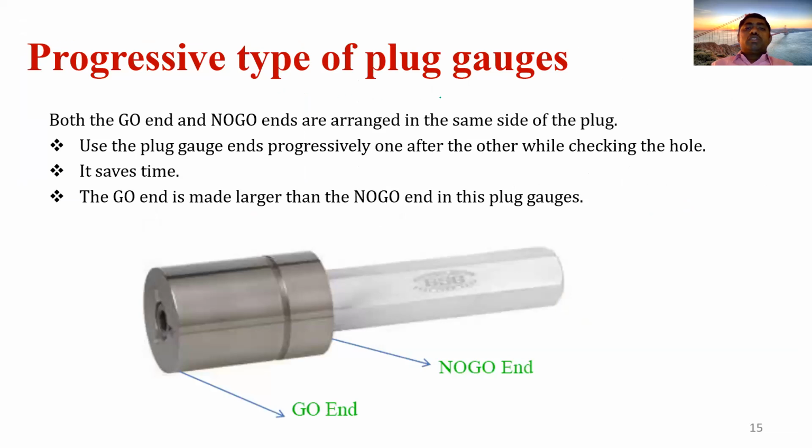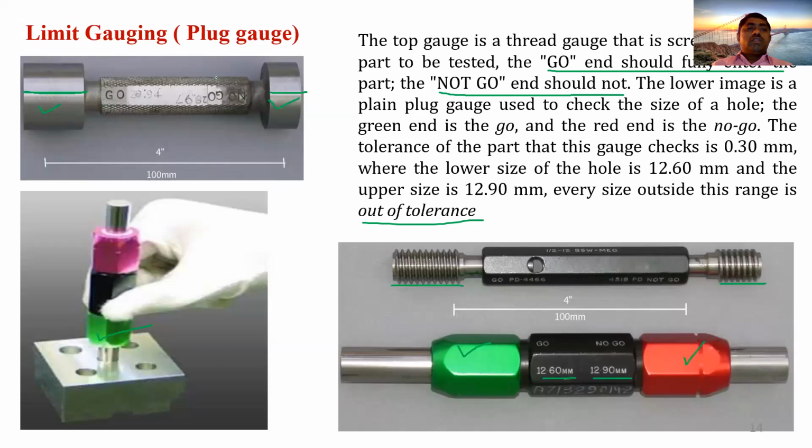So this is the progressive type of plug gauge. In the earlier plug gauge, we need to first check with the go end, and then you have to flip the gauge to the not go side, and then inspect the holes.